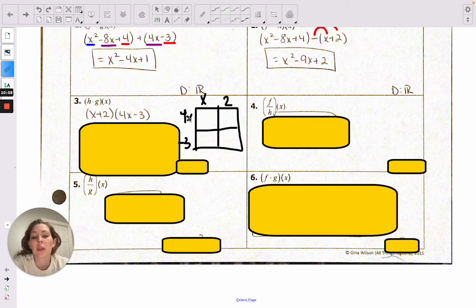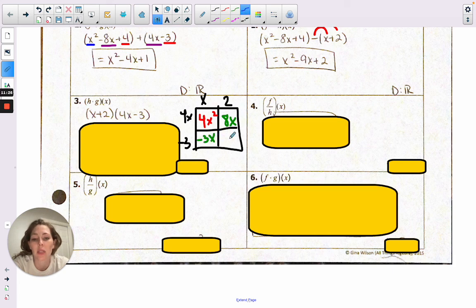So anyway, what you're doing here is you're multiplying each of these pieces across and down, and you're going to figure out what the new numbers are. So 4x times an x gives you a 4x squared. This goes along with exponent rules. We have x to the first times x to the first, so you get a 4x squared. 4x times 2 gives me an 8x. Negative 3 times x gets me a negative 3x.